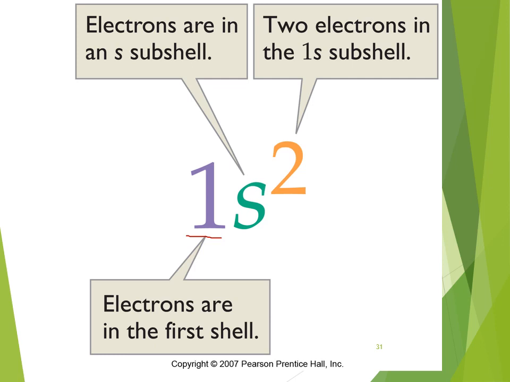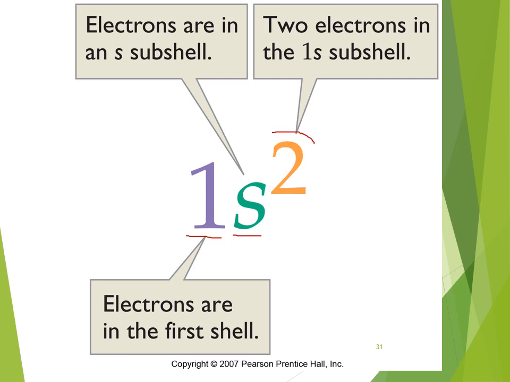That tells us which period to look in, which row. The letter that comes after the number, in this case S, tells us which subshell to look in. Are we looking at s orbitals? Are we looking at p orbitals? Are we looking at d orbitals? That will help us narrow it down to which group we need to look in.